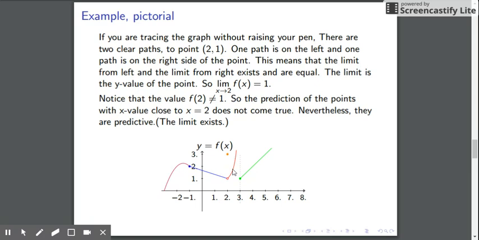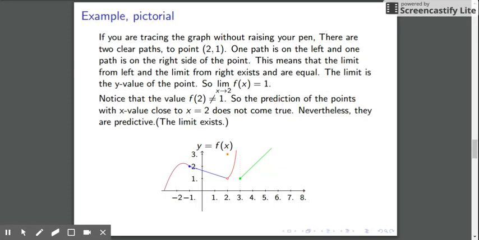I'm approaching from the right and I'm supposed to end up at this point, but instead I teleported over there. That's the point of discontinuity. But literally you can see breaks or holes in the graph, and that gives you discontinuity.